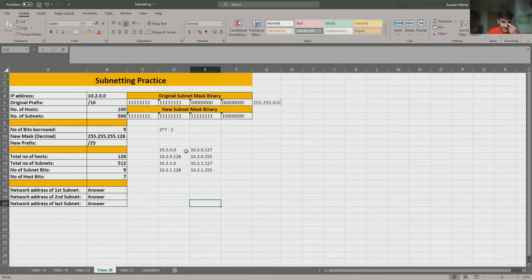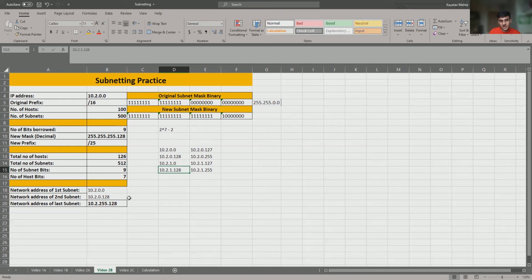So we're iterating first with 128, and then once we've reached 255, we move on to the third octet and start off with 0 again in the 4th, and then keep going. Our first network address will always start with zeros, our second network address will be 128, and the last one in our example will be 255.2.128 because we've reached 255 in the third octet.